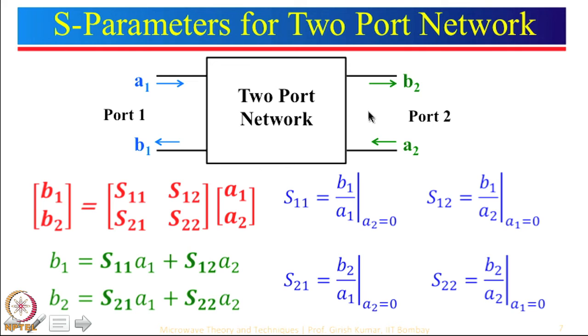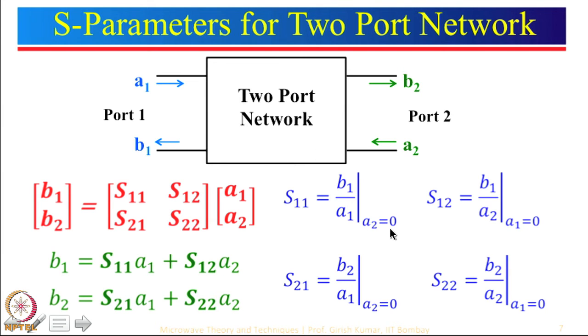And here we are defining everything in terms of characteristic impedance Z0. So if this particular port is terminated with the characteristic impedance of Z0, that means load is equal to Z0, in that case nothing will reflect. So A2 will be equal to 0.